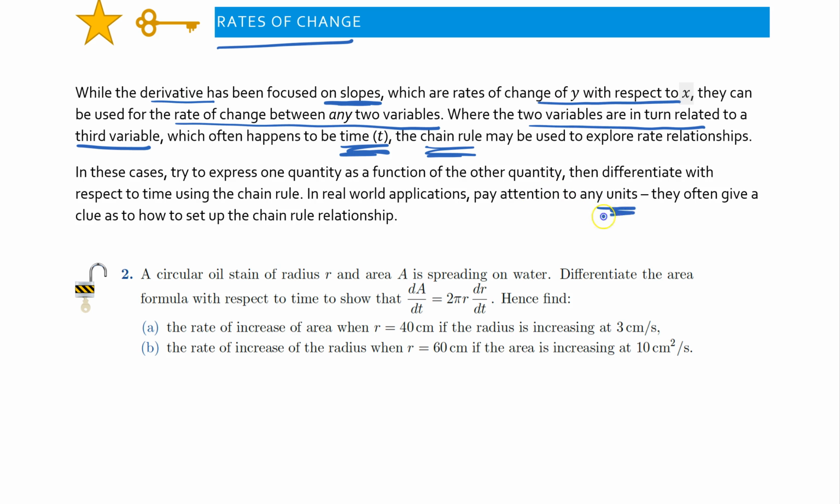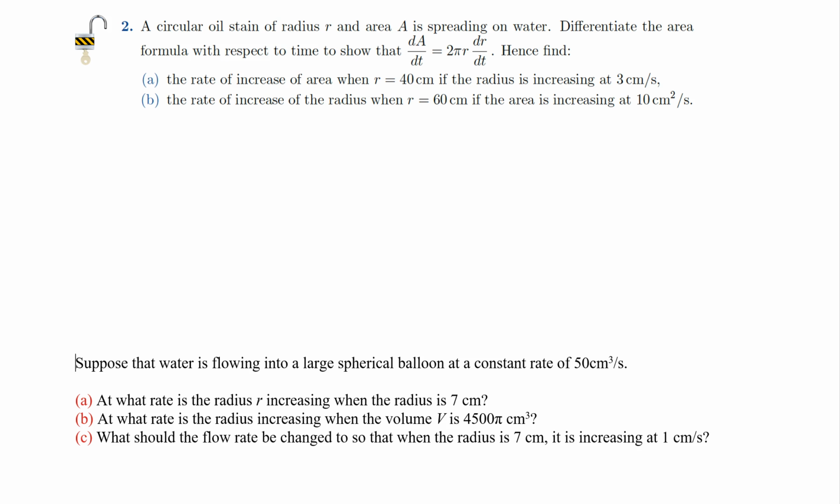Units are often a clue as to how things relate, and really the best way to learn these is to do them, think about them, and test them against your common sense. So this is essentially Extension 1 work. 2-unit do rates of change, but not using the chain rule in the way that we will.